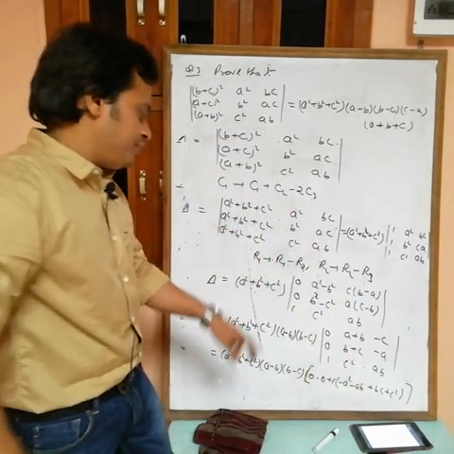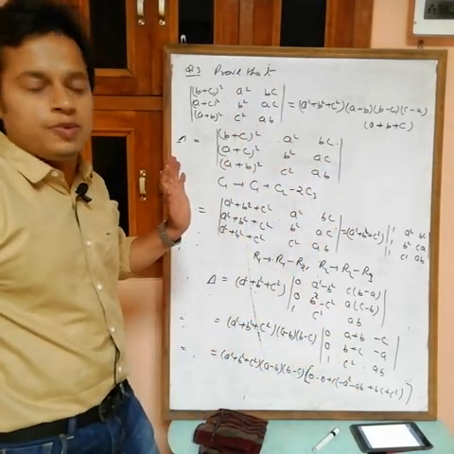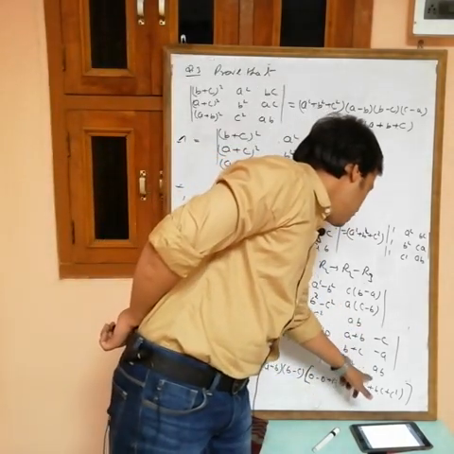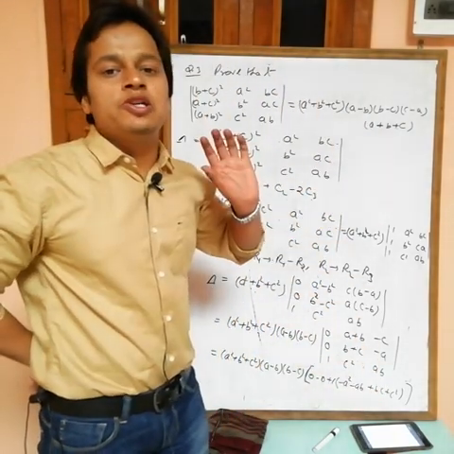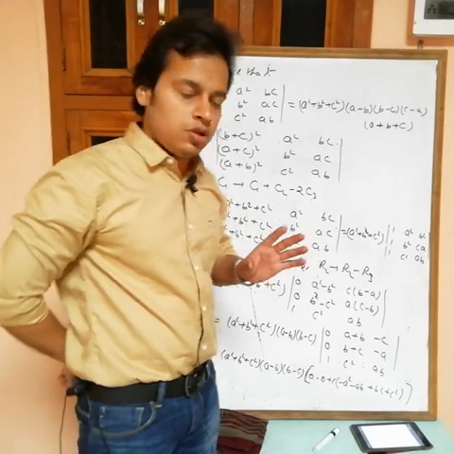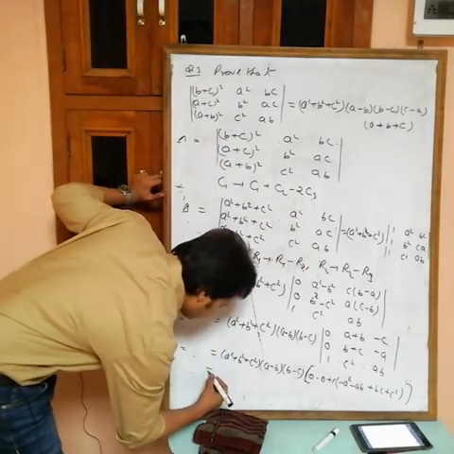Now see, c square minus a square can be written as c minus a into c plus a. In these two you can take common b, then you will get c minus a. Again take common c minus a, then you will get c plus a plus b. Obviously. So at the end I am writing the result directly.